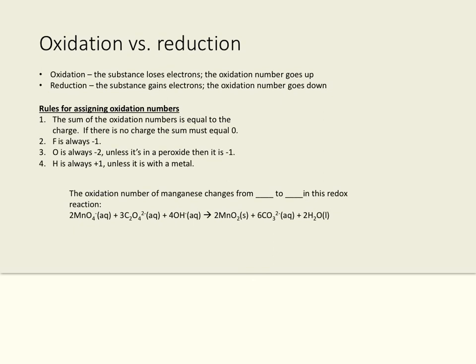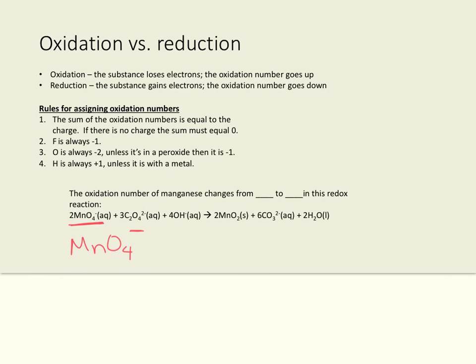And so the oxidation number of manganese changes from to in this redox reaction. So I'm just going to look at permanganate here. And so it says here that oxygen is always -2 unless it's a peroxide, then it is -1.